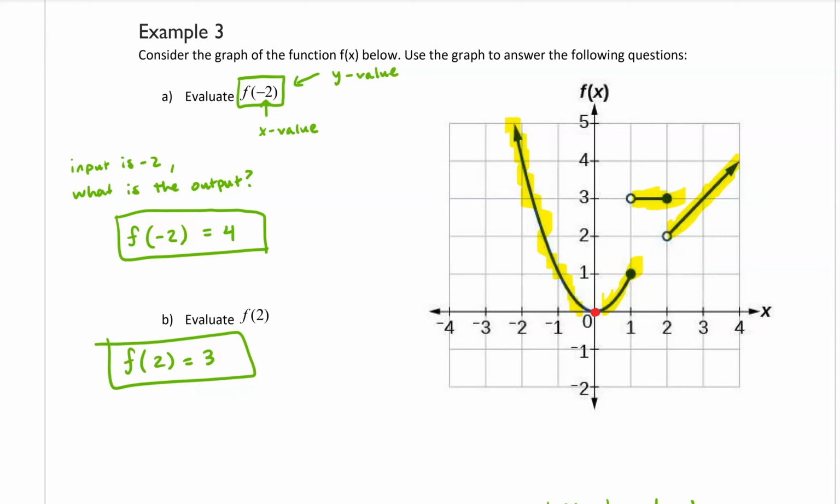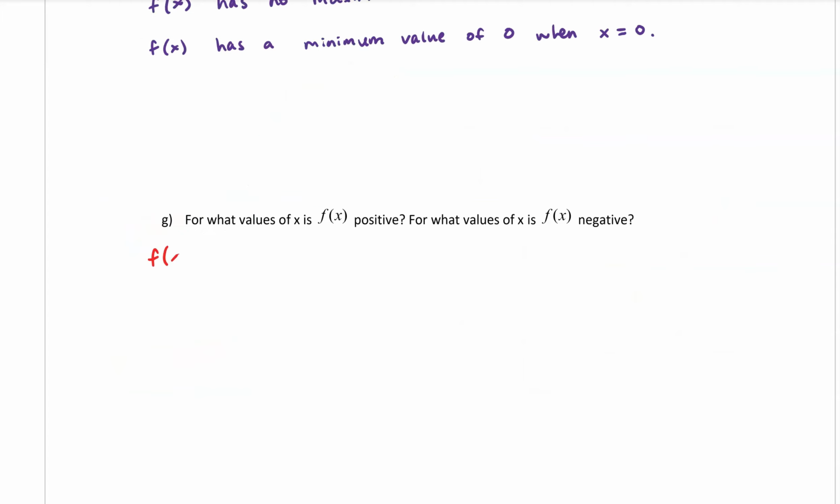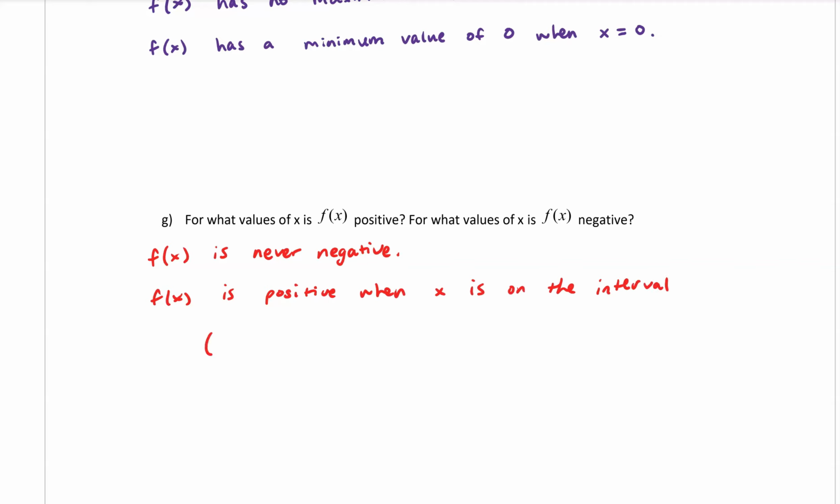So let's show you how to do that. So we could say f of x is never negative, and we can say f of x is positive when x is on the interval -infinity to 0.